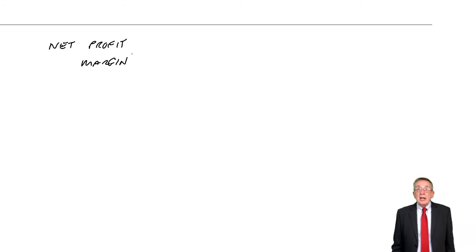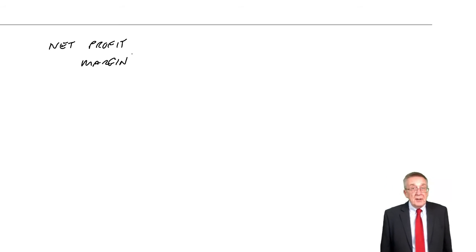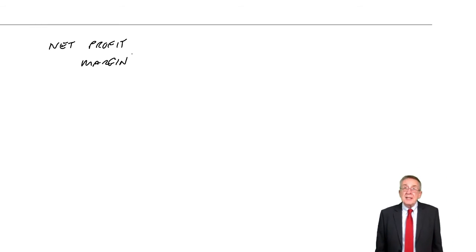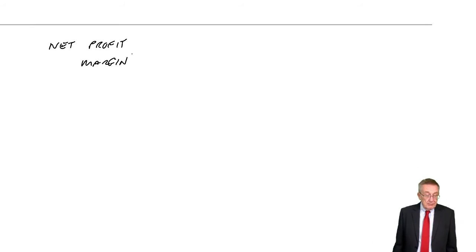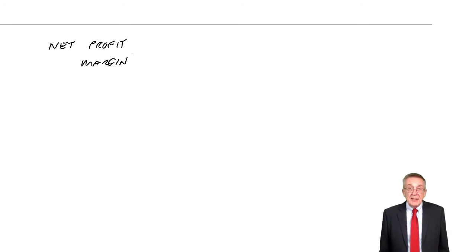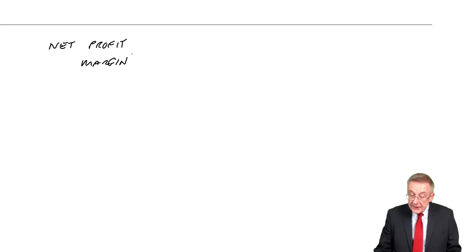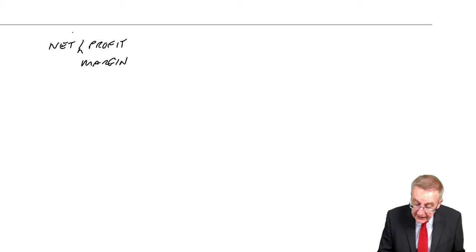Now here, be careful, a lot of people get very angry about this. Normally, net profit is the very final profit, 2010, 1147. But when we're looking at ratio analysis, as we are here, it always means net operating profit.